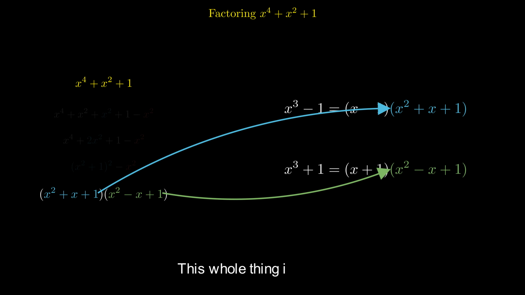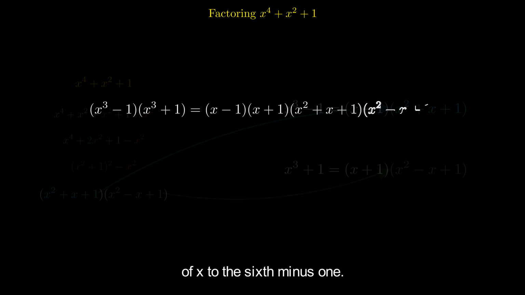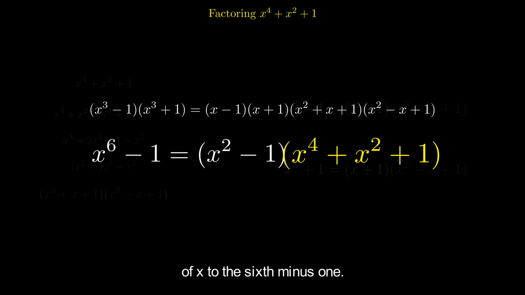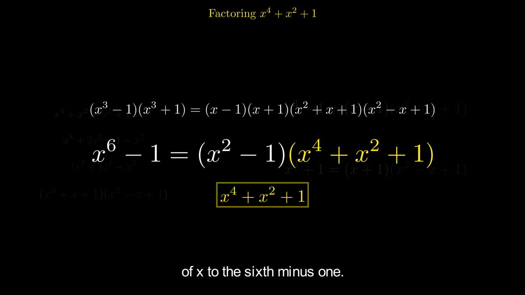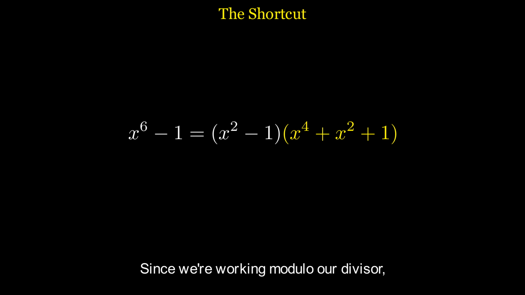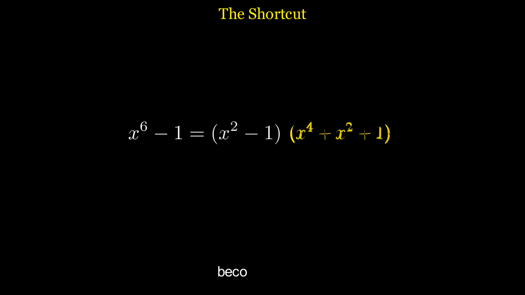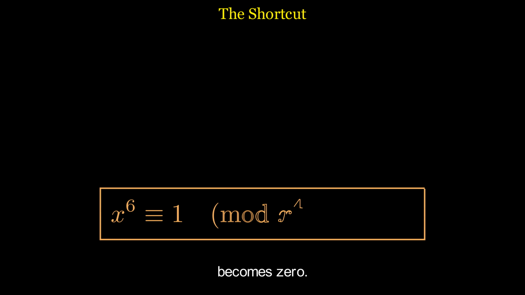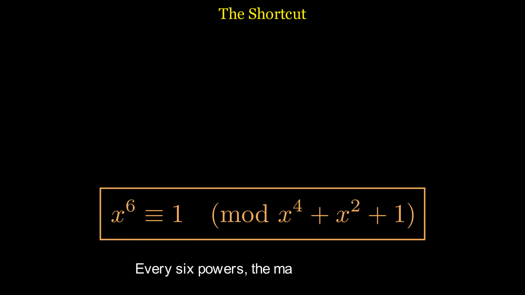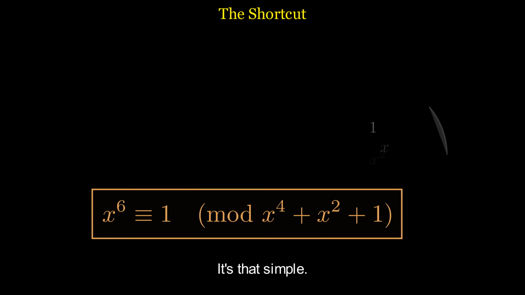This whole thing is the core of x to the 6th minus 1. Since we're working modulo our divisor, that term on the right becomes 0. That's the cycle. Every 6 powers, the math resets to 1. It's that simple.